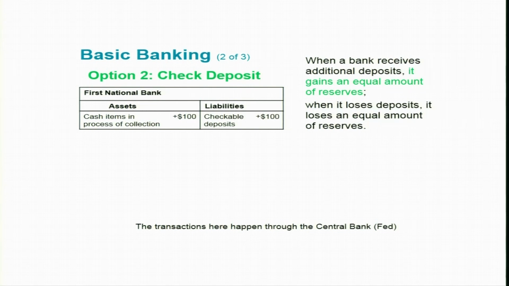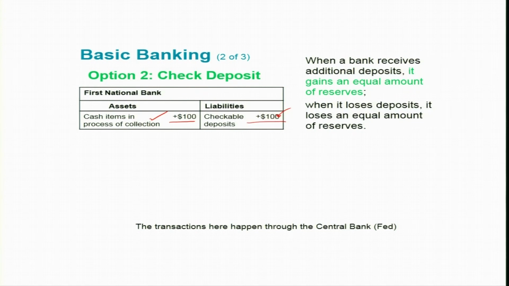On the asset side, cash items in process of collection increase by $100, and immediately this amount will be credited as a deposit in the name of the person who deposited the check. You can also see that the liability of the bank also increases by $100.